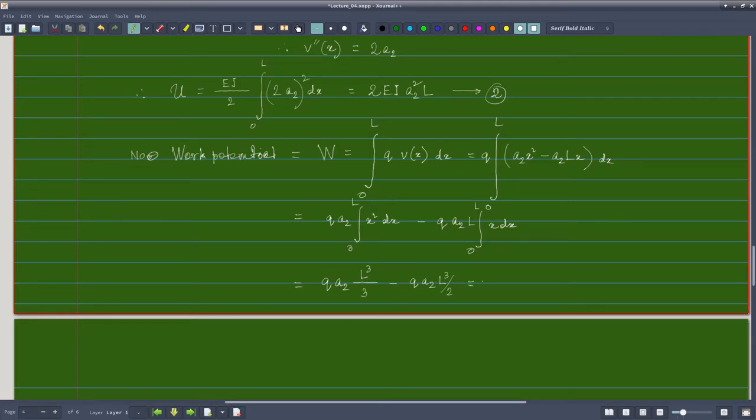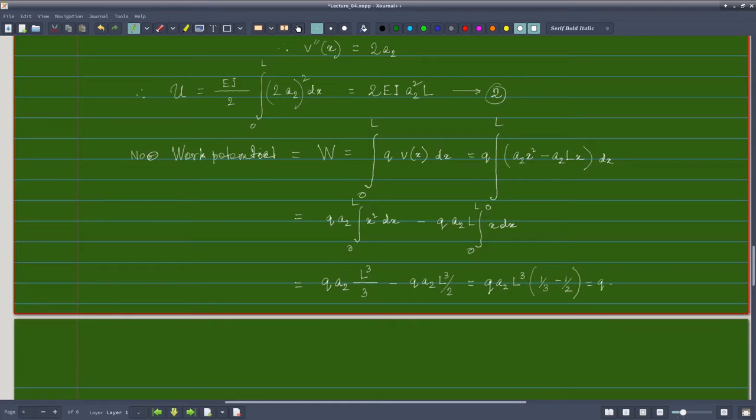And so I can further simplify it, qa2 L cube into 1/3 minus half, and 1/3 minus half is how much?